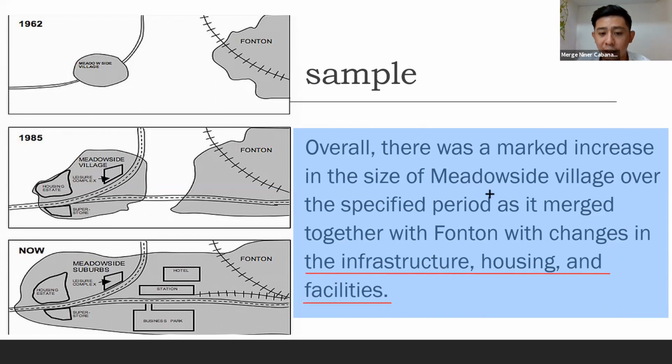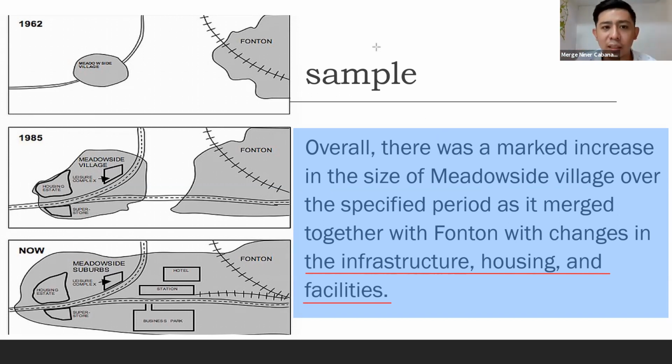I did not mention where they were. I did not mention how big the changes were. I just included the general idea that altogether from the beginning until the end, changes will be noticed, in terms of size and in terms of the amenities that were added throughout the period described.